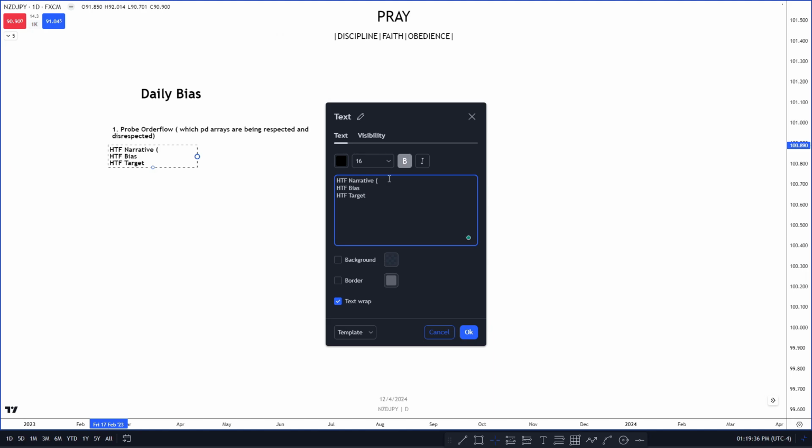High time frame narrative: why are we going to where we want to go? High time frame bias is where are we going to go? Right? These two go hand in hand, and then high time frame target is just the target for the higher time frame that it's trying to reach, right?